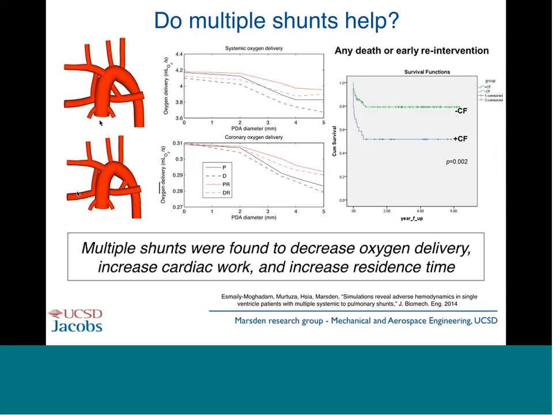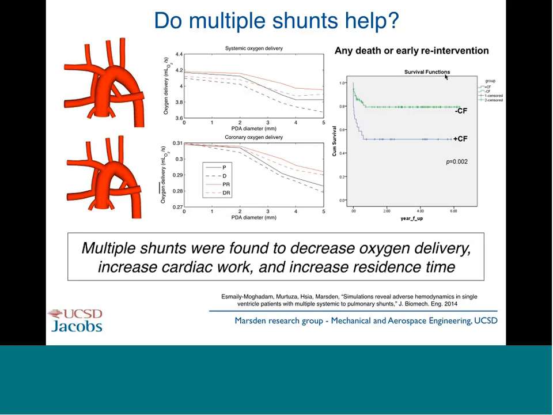And so we examined both of these scenarios with a range of diameters for both the central shunt and this PDA. And we actually found that the addition of a second connection actually made things worse. So we found that multiple shunts decreased oxygen delivery, increased cardiac work, and increased residence time in this segment of the pulmonary arteries between these shunts.